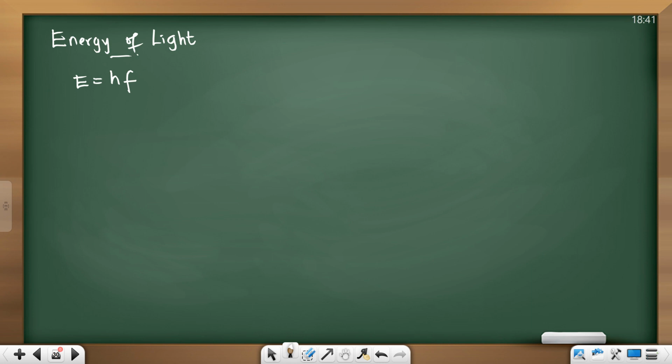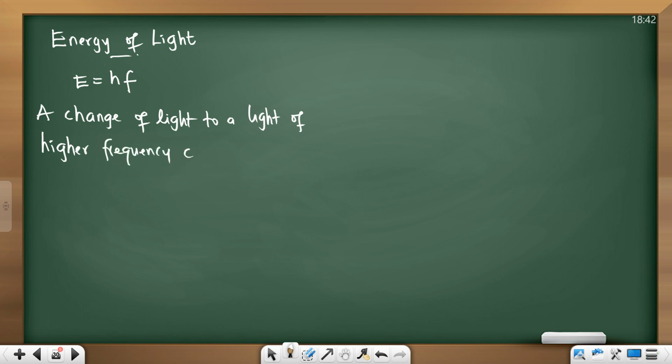So it means a change of light to a light of higher frequency does what?